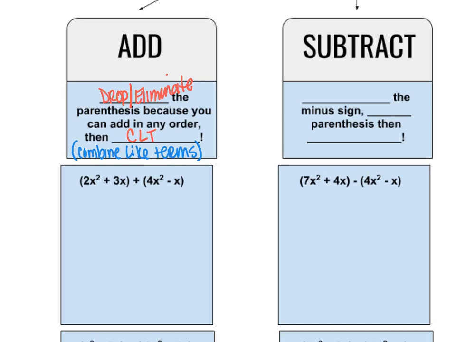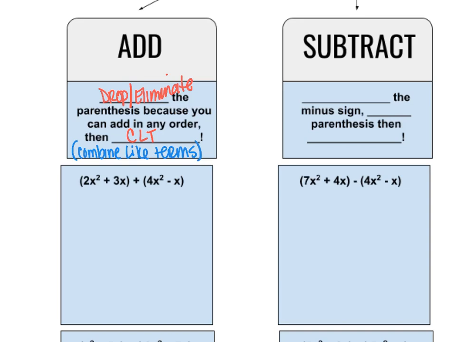So we have 2x squared plus 3x plus 4x squared minus x. And so we are adding two binomials. This first set is a binomial because it has two terms, and then we're adding it to another binomial because that has two terms. So we are going to follow the directions right above here to simplify this expression.